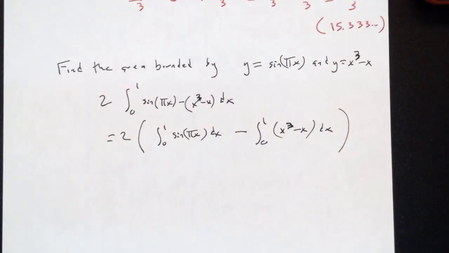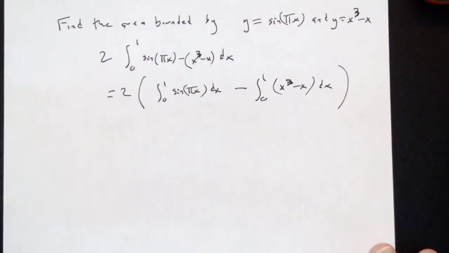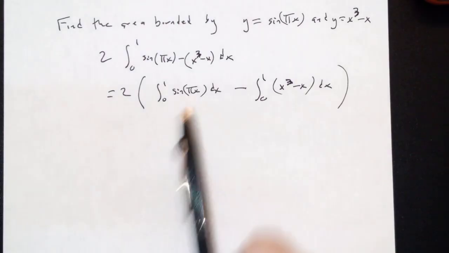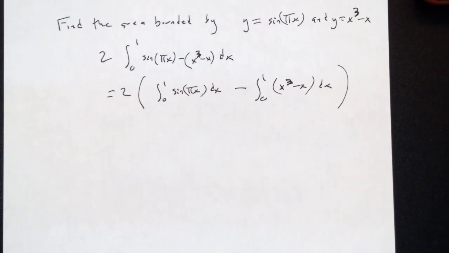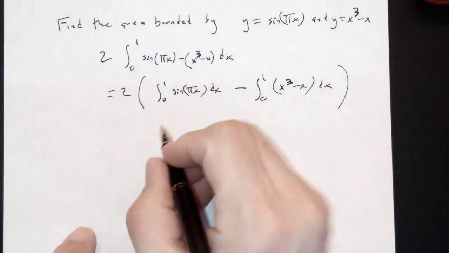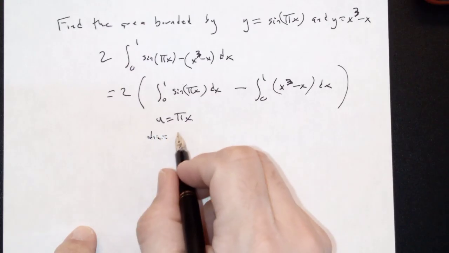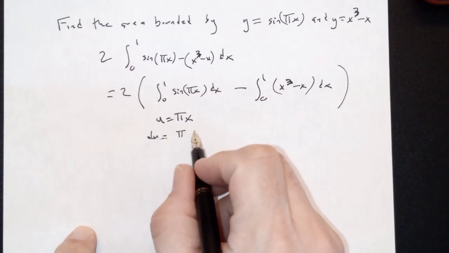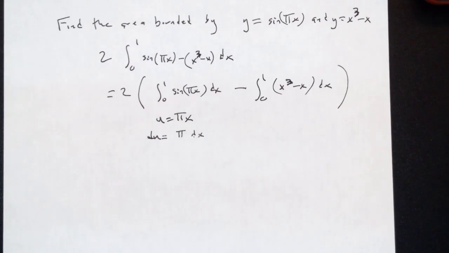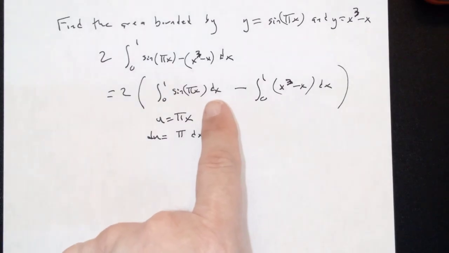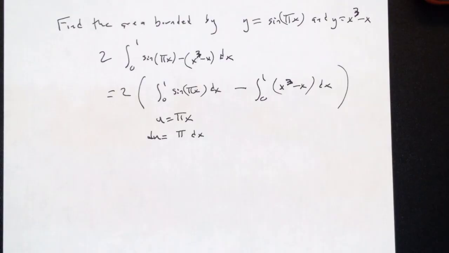I do need a u substitution over in that left integral. U equals pi times x. Which means that du is pi times 1 times dx. Do I have a pi there? Not on the outside.